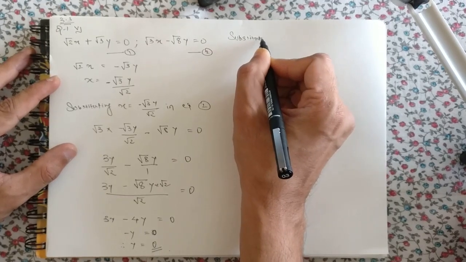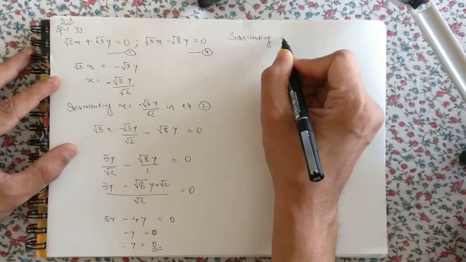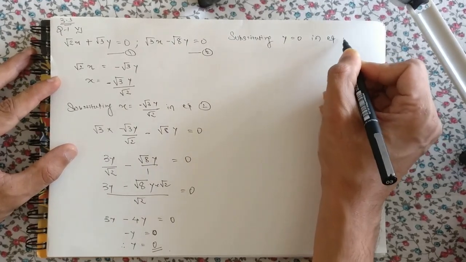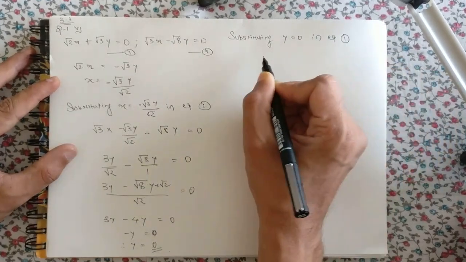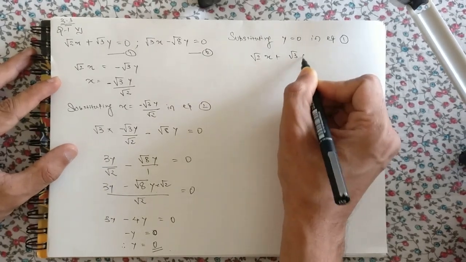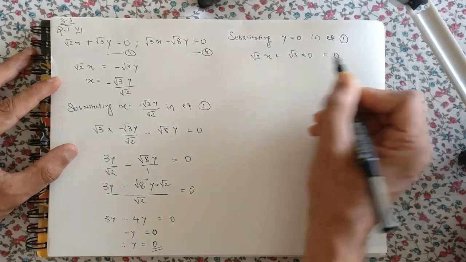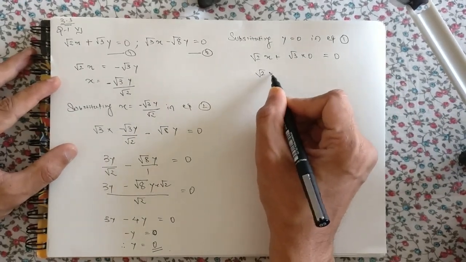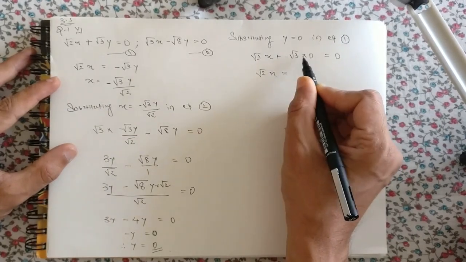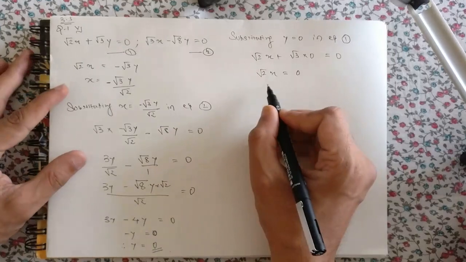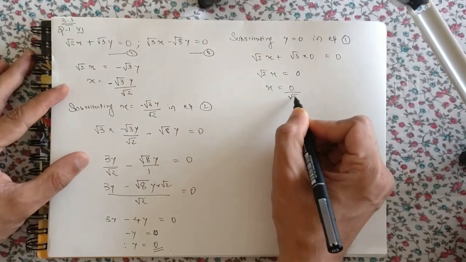Substituting y is equal to 0 in equation 1. So root 2x plus root 3 into 0 is equal to 0. Alright, so this becomes 0. So I can directly write root 2x is equal to 0. So x is equal to 0 by root 2.